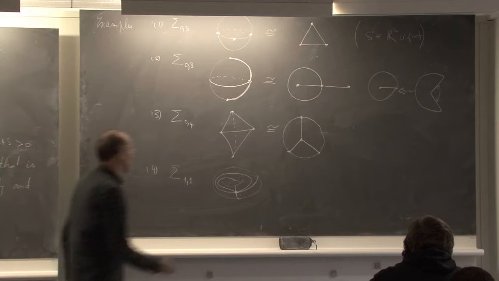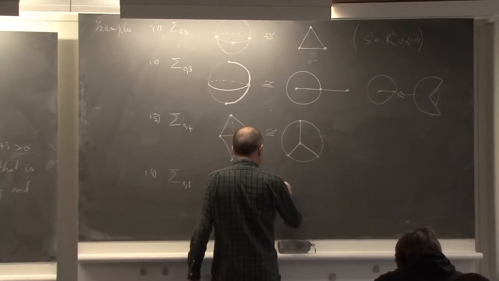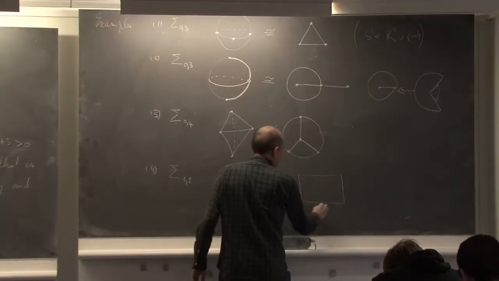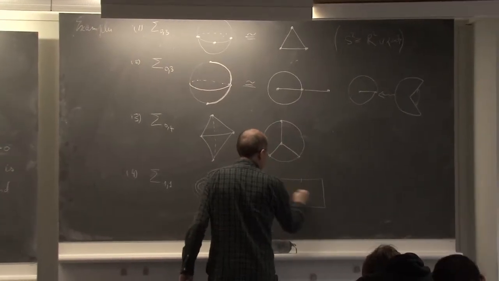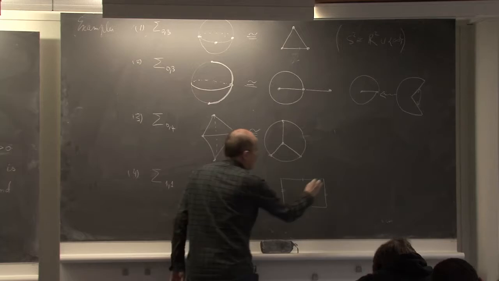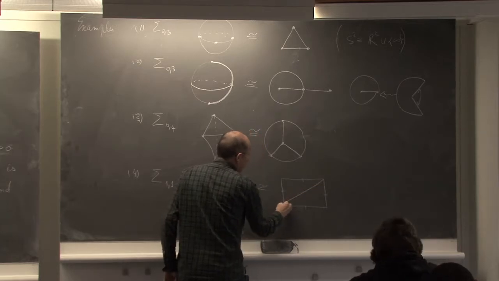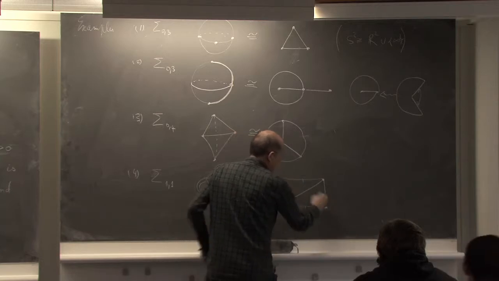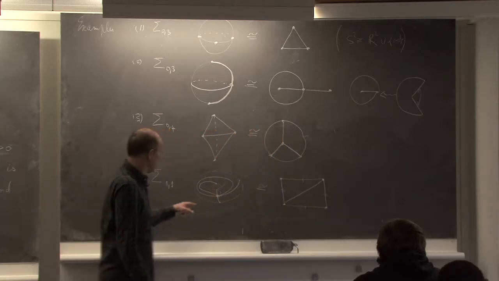And we can draw it just as a plain rectangle with opposite sides identified and with a diagonal added. And we have 4 copies of the single puncture on the surface.